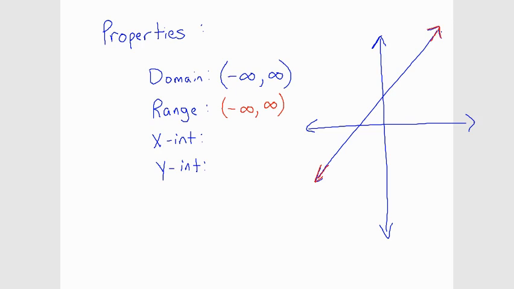Now, the x-intercept, how specifically we calculate that and how specifically we can create formulas or identities to help us with that process, I'm going to talk about in the next video. But at the same time, let's just discuss that because of the shape of the graph, it's only going to intersect the x-axis at one point. So I'll just note for now it's going to have one x-intercept.